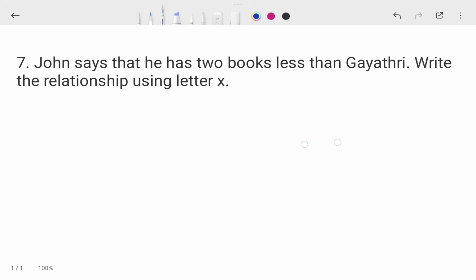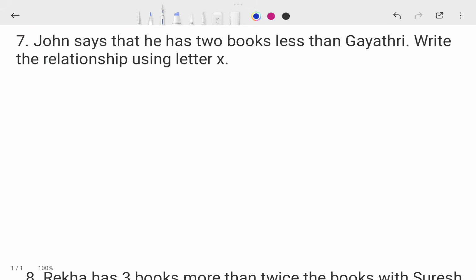So let's talk about the seventh question. The question is telling that John says that he has two books less than Gayatri. So here understand clearly.